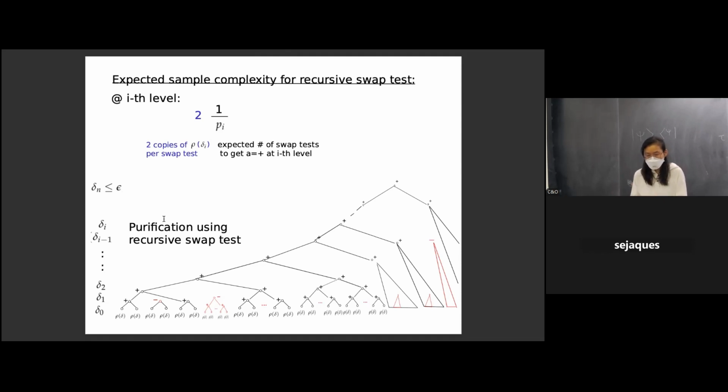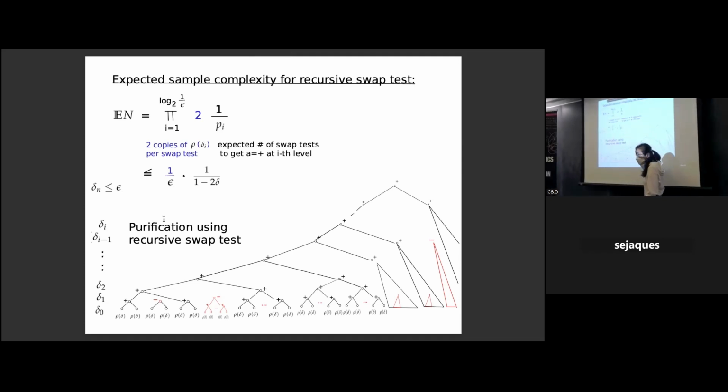You need to repeat it the expected number of times, 1/p_i. This is 1 iteration. You multiply that over all iterations together to get the actual sample complexity. But surprisingly, you raise 2 to the power log 2 1/epsilon, you get back 1/epsilon. You multiply all the 1/p_i together, and because p_i converges to 1 so quickly, it is actually 1/(1 minus 2 delta).